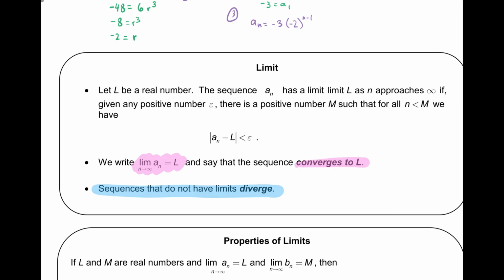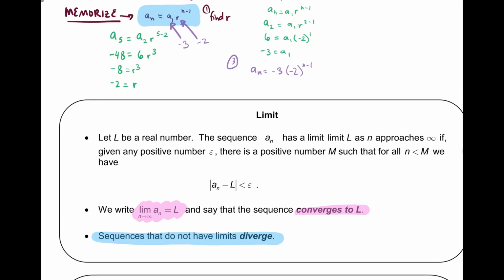Yeah, that's what the epsilon is. So what we're saying is that the difference between the nth term and the limit is going to be negligible. It's not going to matter. It's going to be super small. We see we're getting closer and closer and converging, so the limit is not something to worry about.